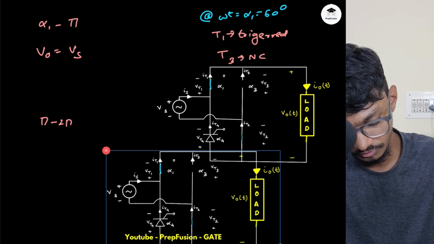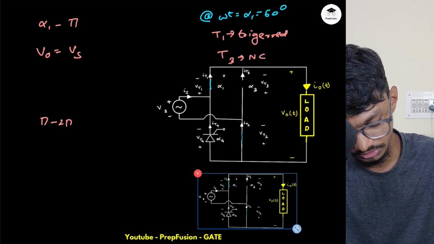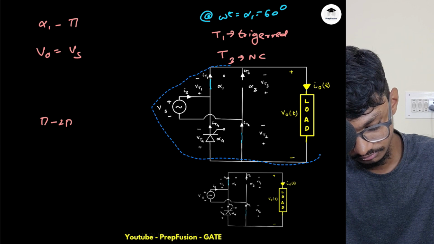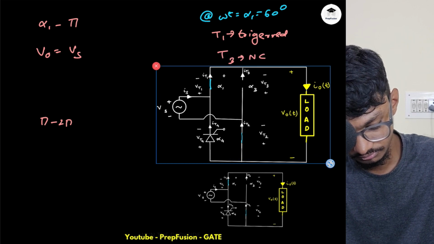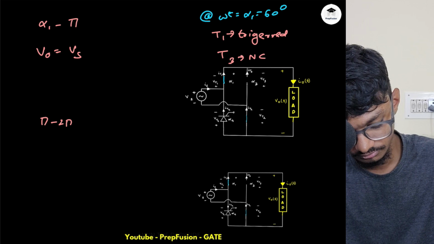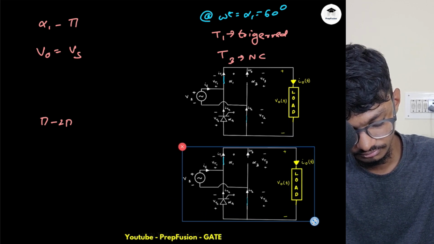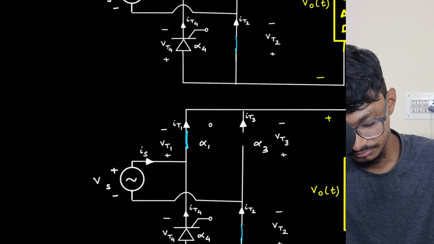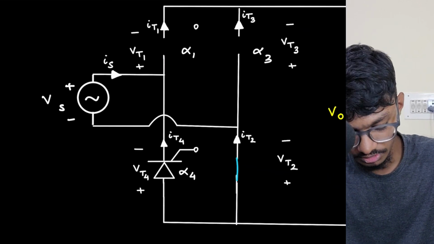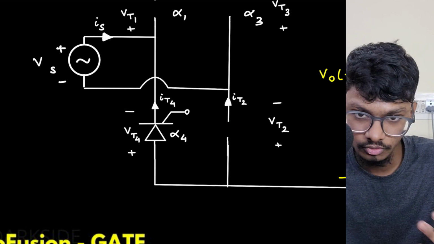So here, from pi to 2pi, T1 and T2 will be off.